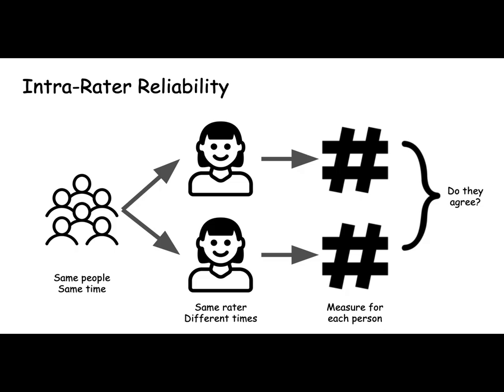Now, this is typically done with something like you have people engage in some activity, you rate them, and you also videotape them. And then you go back later and look at the videotape and rate them again and see if those two ratings agreed.